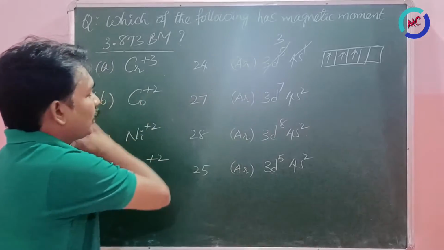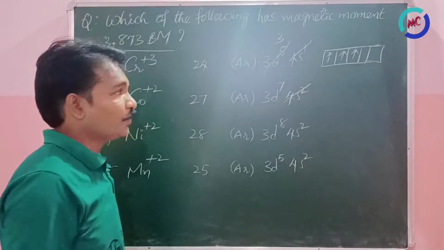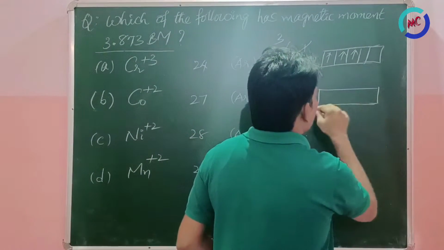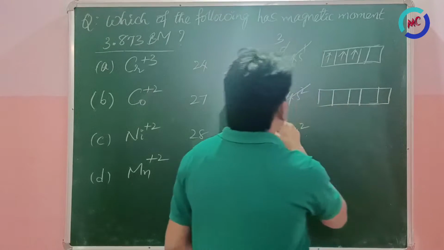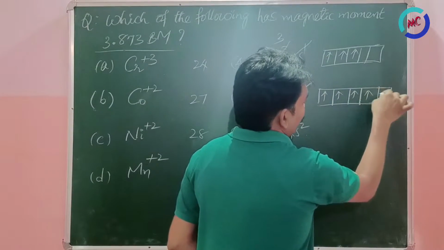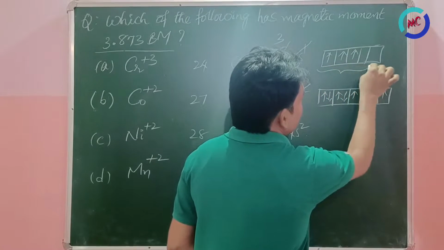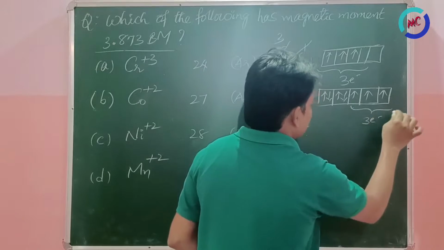And here cobalt plus 2 in the sense it will lose 2 electrons and 7 electrons remain. 1, 2, 3, 4, 5, 6, 7. Here 3 unpaired electrons.